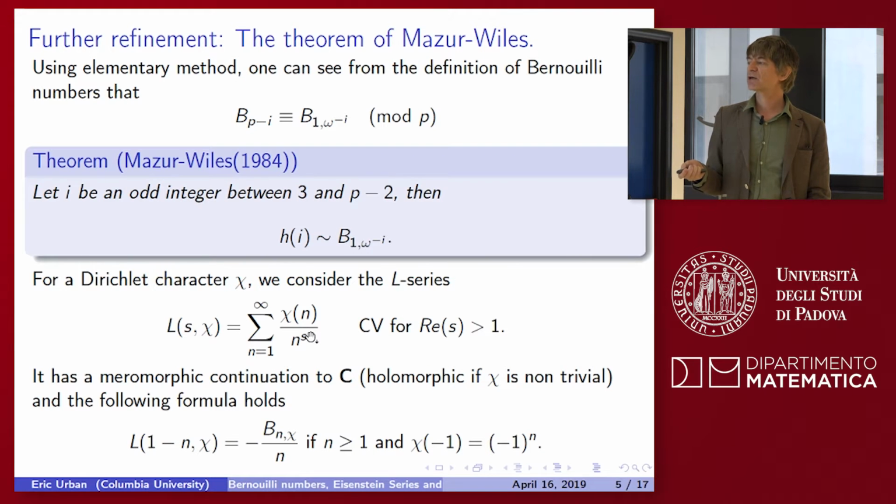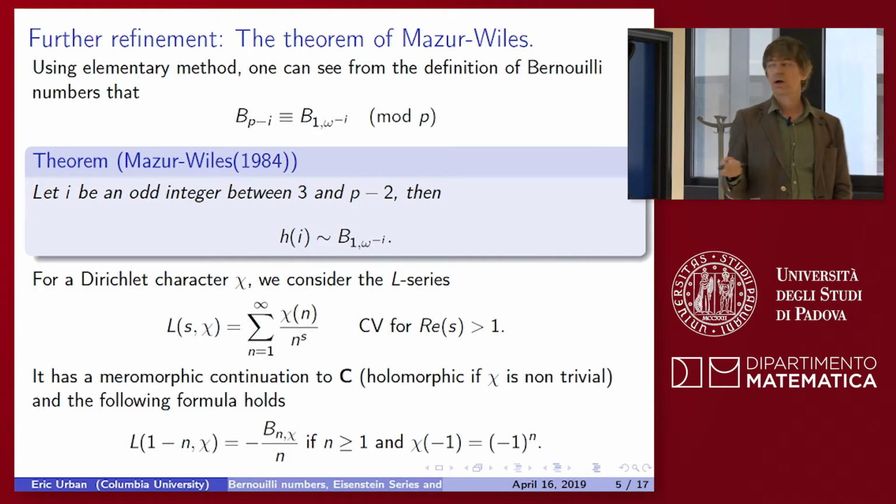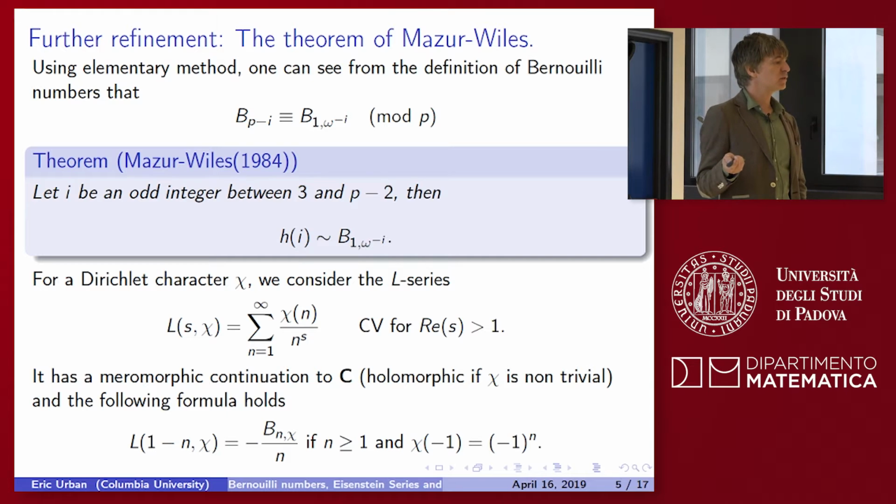And you can check easily that this is convergent if the real part of s is strictly bigger than 1. Actually, you can show that it has a meromorphic continuation to the whole complex plane, and that there is only a pole at s equal to 1 when chi is the trivial character. In that case, this series is just the Riemann zeta function.